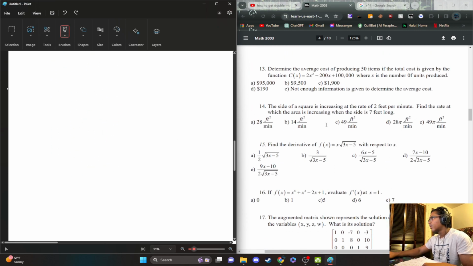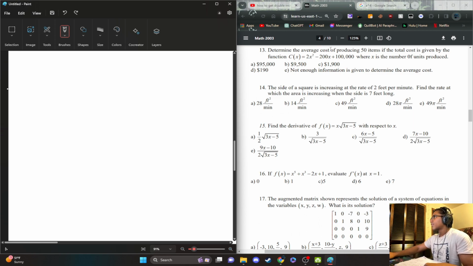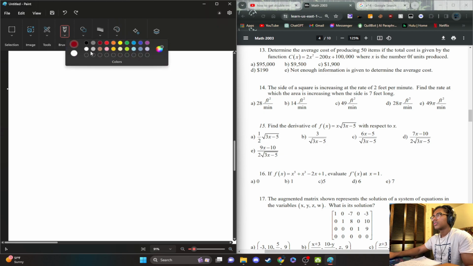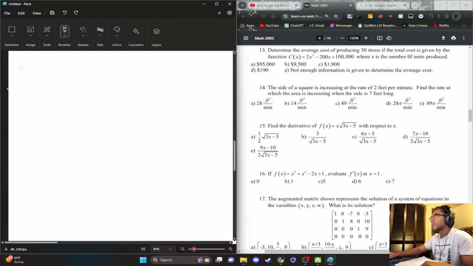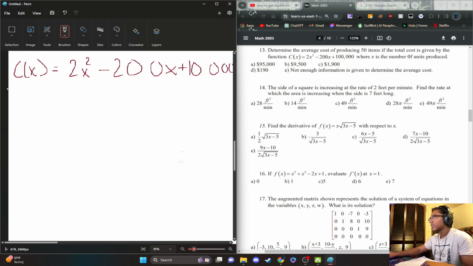Okay, now let's go on. The average cost of producing 50 items is given by this function. So let's write that down. Let me use a different color. Let's use green. C of x equals 2x squared minus 200x plus 100,000.